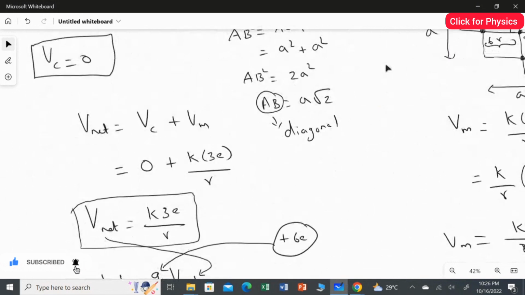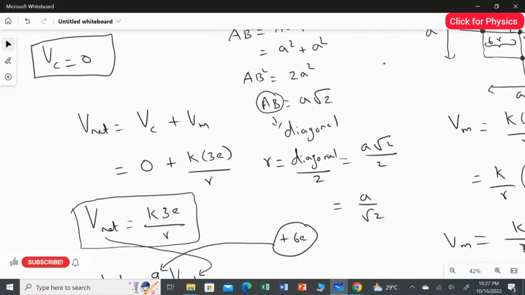Then if you divide this diagonal by 2, you will get the R value. So diagonal divided by 2 gives the value of R. So A root 2 over 2 is equal to A over root 2. Clear?